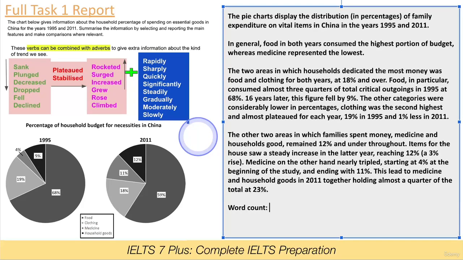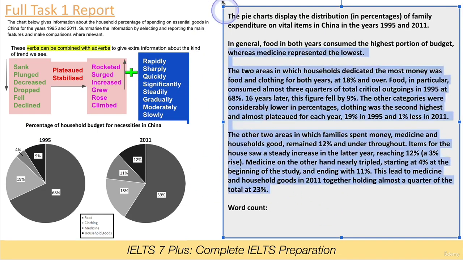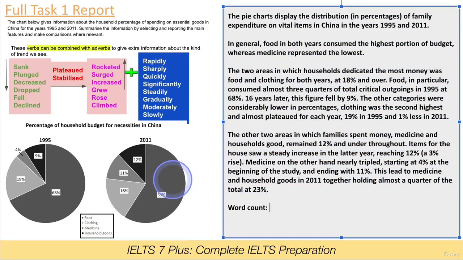Okay, I think that's good. We've got our paraphrased introduction. We've added family here. We've got our overview, our general statements, and then we've got our two groups with the data in. Let's count the words for this one. Okay, so this total was 184, so over the 150 minimum there.